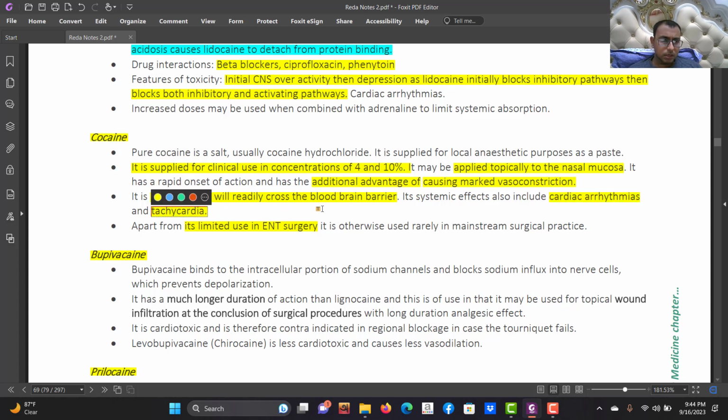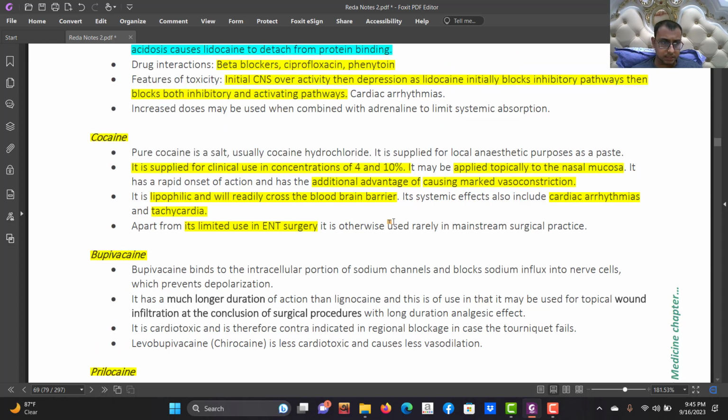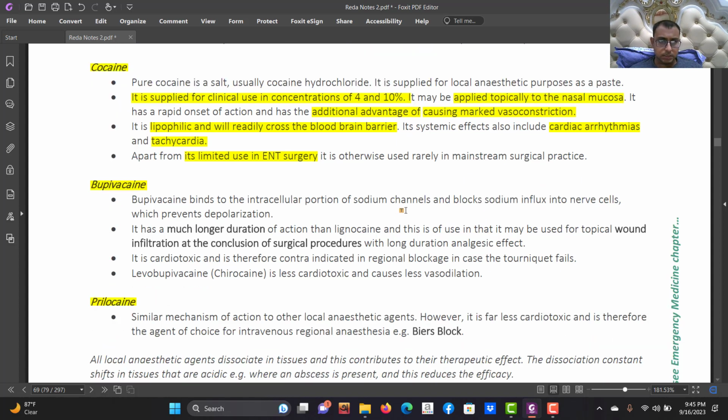You should know about cocaine because cocaine abusers can be your patients, so you should know whether the patient is using cocaine. There can be vasoconstriction, cardiac arrhythmia, delusional problems and tachycardia. In medical use, we use cocaine on the nasal mucosa, but nowadays prilocaine is also used to control epistaxis, or nasal bleeding.